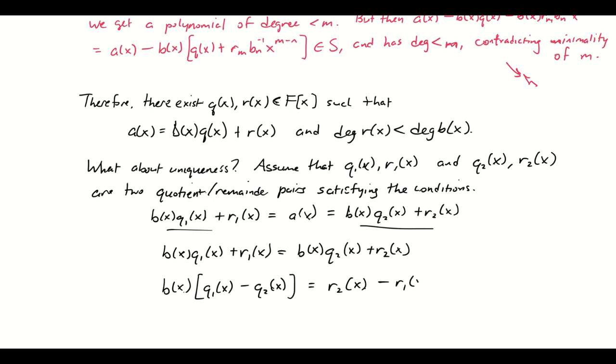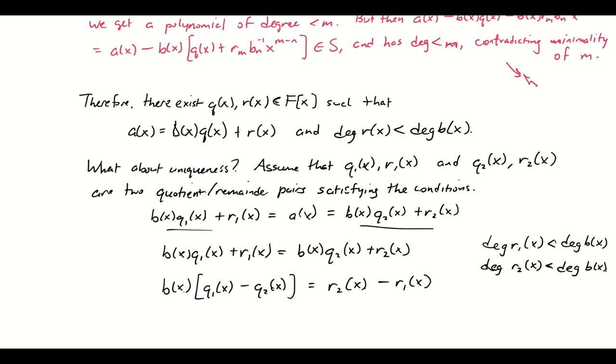Now remember, we assumed that these quotients and remainders satisfy the conditions of the theorem. So one thing we know is that the degree of r1 of x is less than the degree of b of x, and so is the degree of r2 of x. Both those things are true.